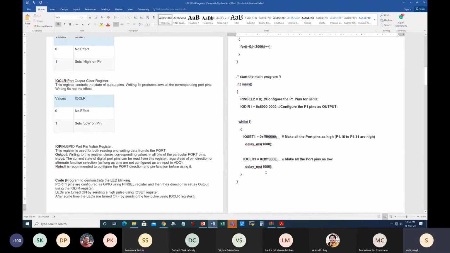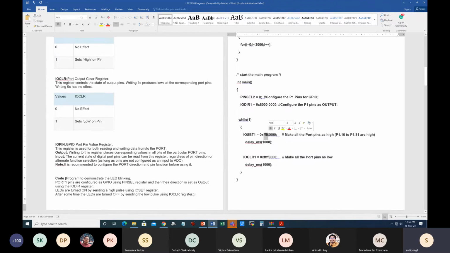After this I will write 8000, and also I'll write 8000. This will ensure that you are only using port 1.31. You should also write comments with your C code, as I always prefer to write comments in our codes.